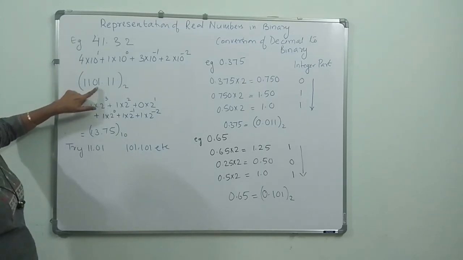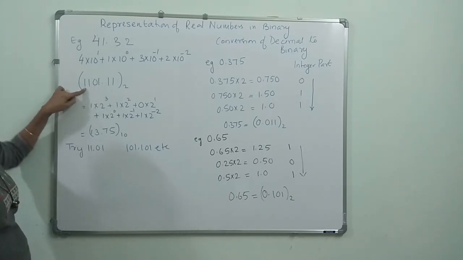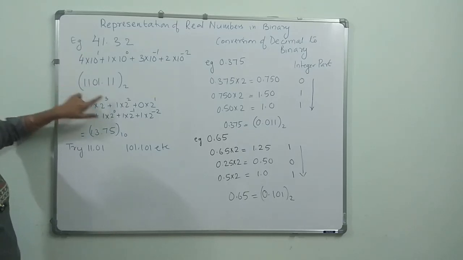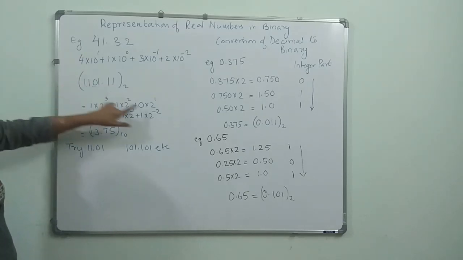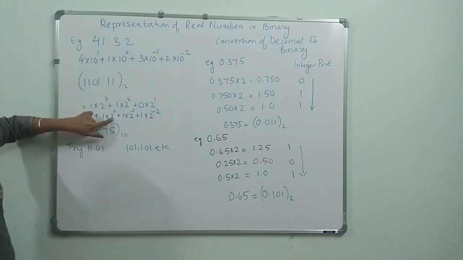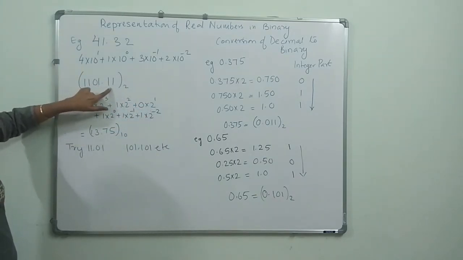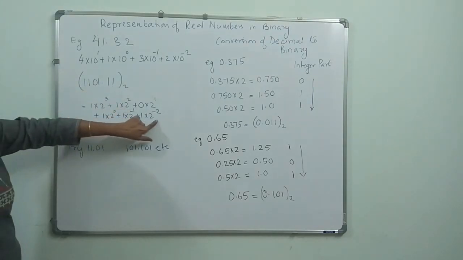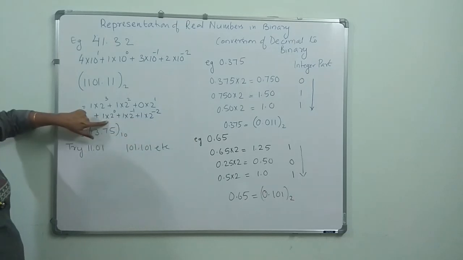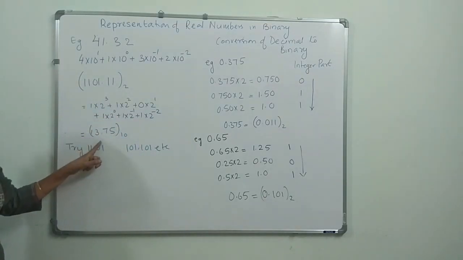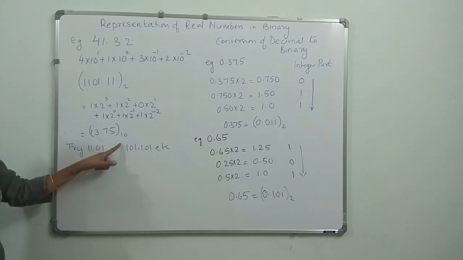This is 2 raised to 0, 2 raised to 1, 2 raised to 2, 2 raised to 3. So you will have 1 into 2 raised to 3 plus 1 into 2 raised to 2 plus 0 into 2 raised to 1 plus 1 into 2 raised to 0 plus 1 into 2 raised to minus 1 plus 1 into 2 raised to minus 2. Clear? Now you find out the value. The value will come to 13.75 in decimal.